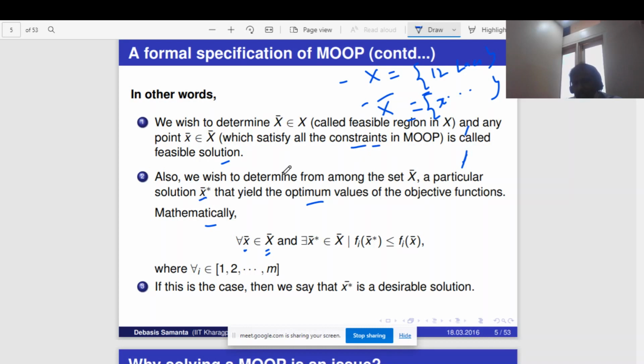What is x dash star? X dash star is the best individual from this. Now this x dash is a limited population, right?